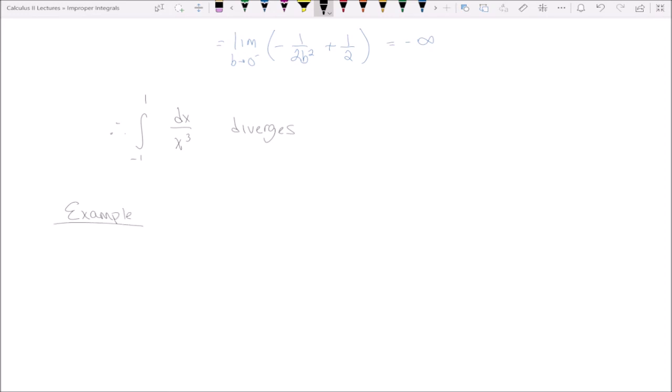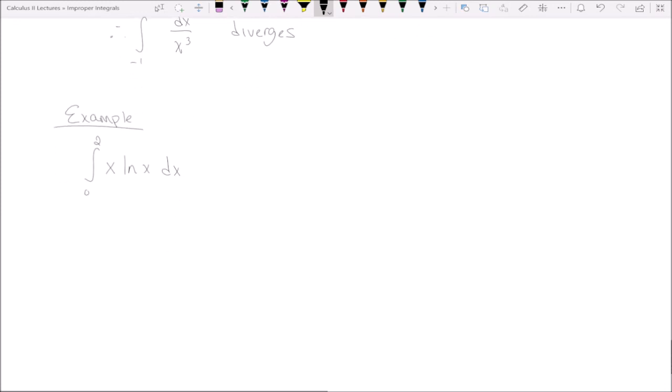Now let's look at the integral from 0 to 2 of x times log of x dx. Well, this has a discontinuity at 0. And so we're going to say that this is equal to the limit as a approaches 0 from the right of the integral a to 2 of x log of x dx.